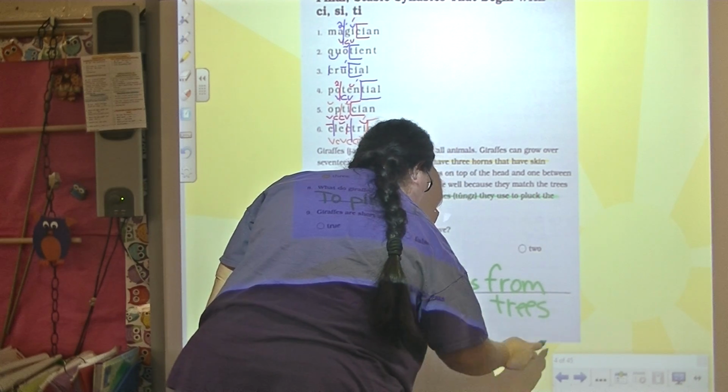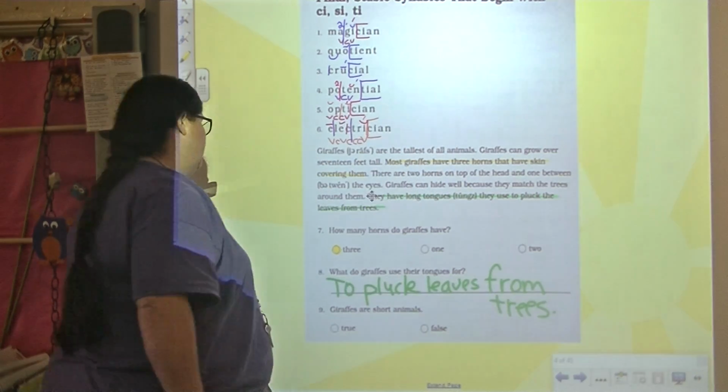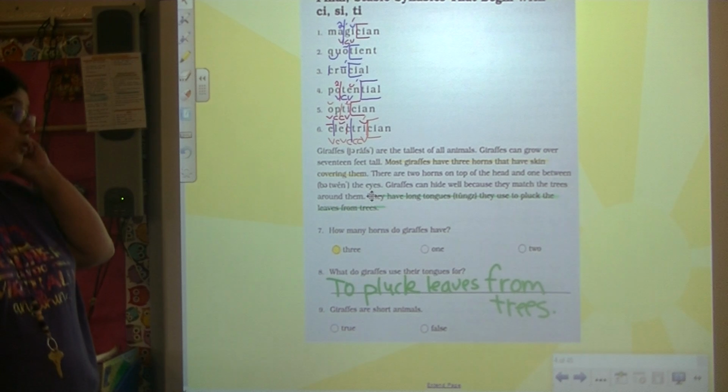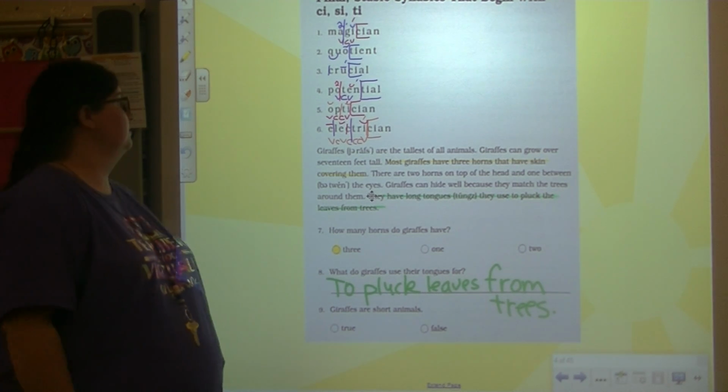Number 9, giraffes are short animals. True or false?